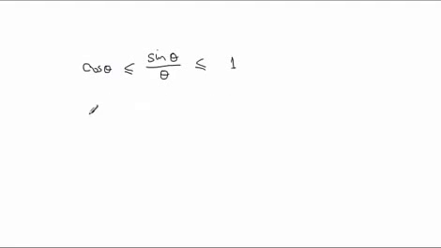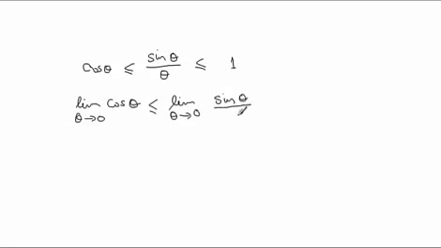Now, introducing the limit in this inequality, we have the limit of cos theta as theta goes to 0, less than or equal to the limit as theta goes to 0 of sine theta over theta, less than or equal to the limit as theta goes to 0 of 1.